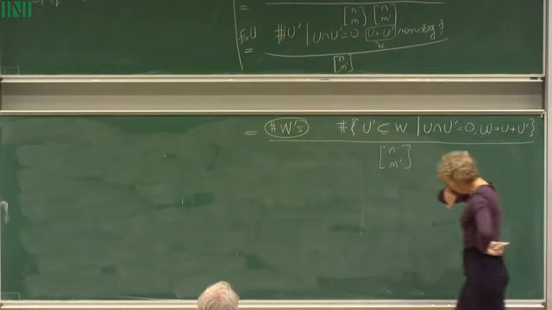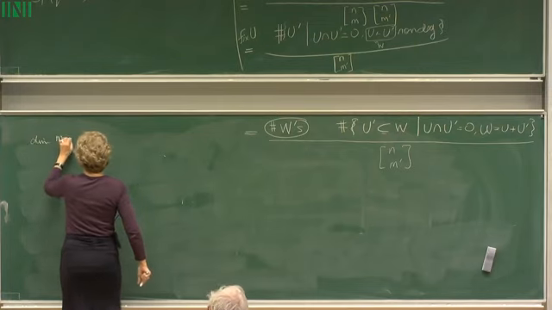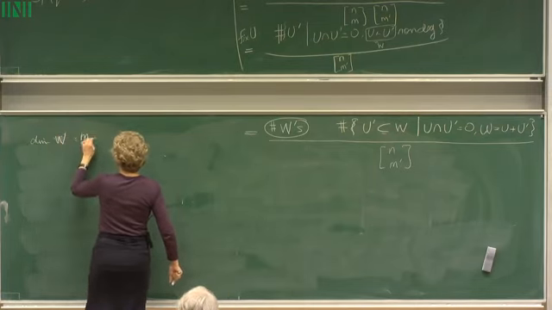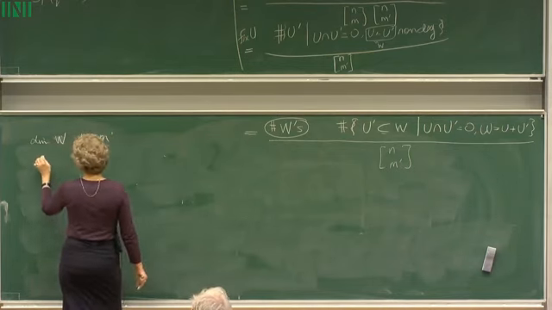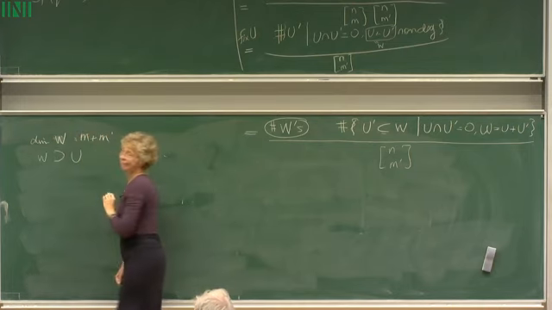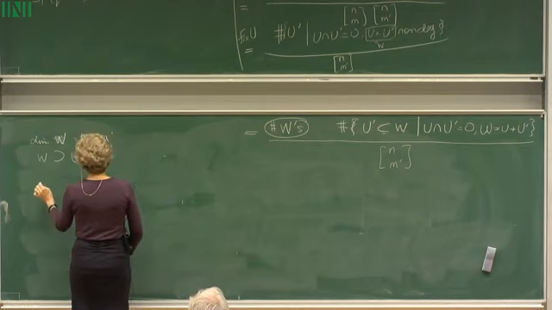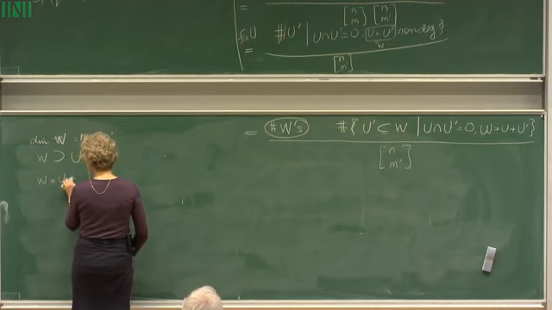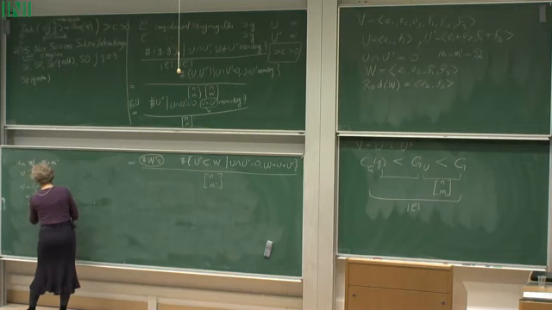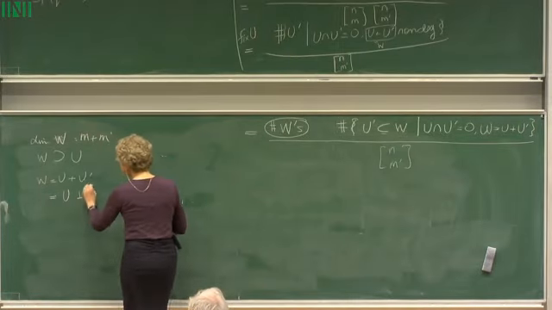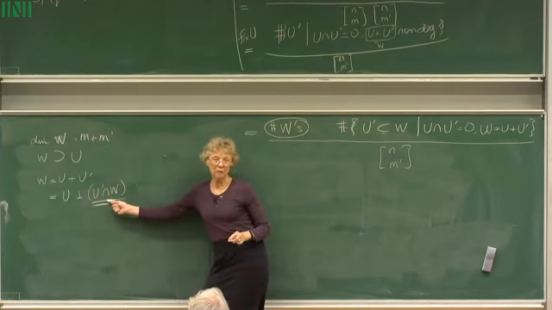So what do we know about W? It's supposed to have dimension m plus m prime, and it's got to contain U. And it's actually going to be equal to U plus U prime, because that's the condition, but also it's going to be equal to U orthogonal direct sum of U perp intersect itself, and this thing here is going to be a non-degenerate M prime space.